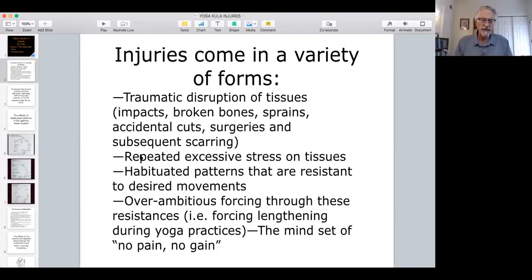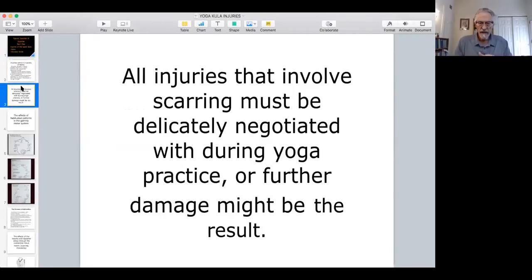So with those kinds of injuries in mind, I want to stress again, that all injuries that involve scarring or thickening of the connective tissue must be delicately negotiated during our yoga practice, or further damage might be the result.